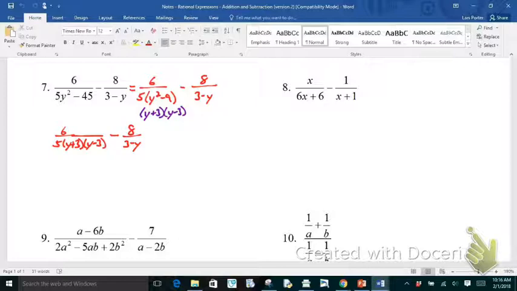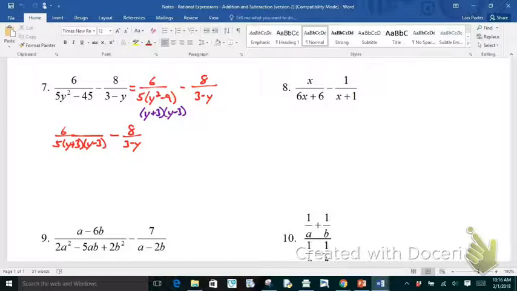Now, I need to get this 3 minus y to look like y minus 3, and it'll be pretty easy to find a common factor after that. Typically, when I subtract things, I send the subtraction sign to the top, to negative 8. We could say it's like plus negative 8. However, in this case, I'm going to send it down here to the bottom.